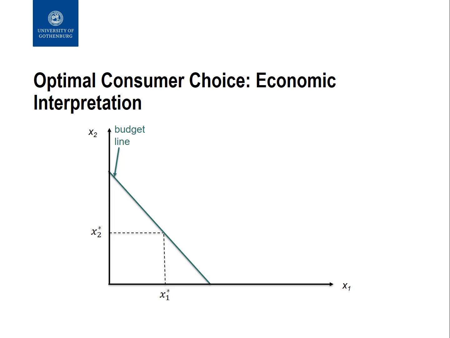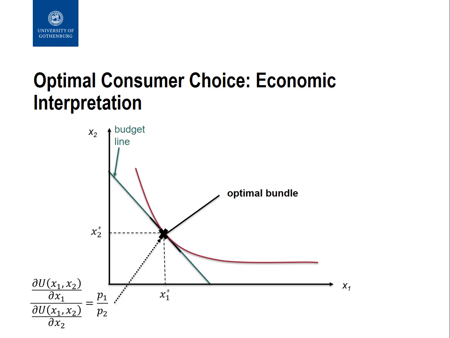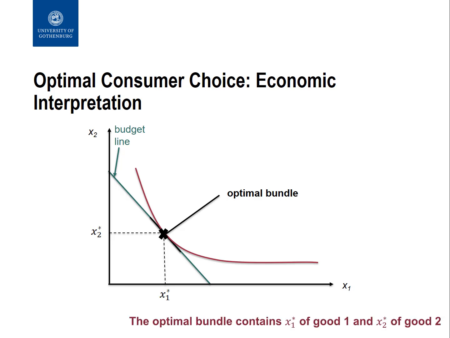So the only curve which both maximizes the utility level and exhausts Jenny's income is the indifference curve which is tangent to the budget line. And this is where the condition holds. The optimal bundle then contains x1 star of good 1 and x2 star of good 2. So x1 star and x2 star are the optimal quantities that Jenny will consume.